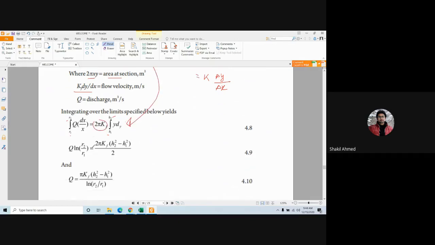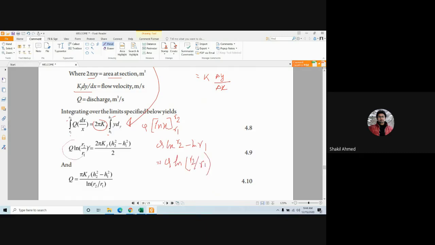If you integrate this, the integral of 1 by x dx is what? Ln x, right? Q is the constant here. So with limits R1 to R2, you can write Q into ln R2 minus ln R1. That means you can write ln R2 divided by R1.